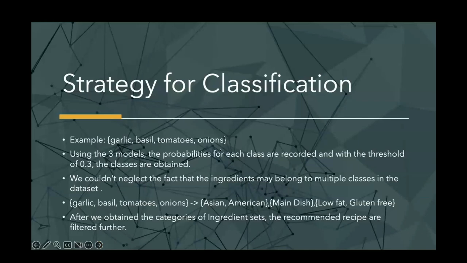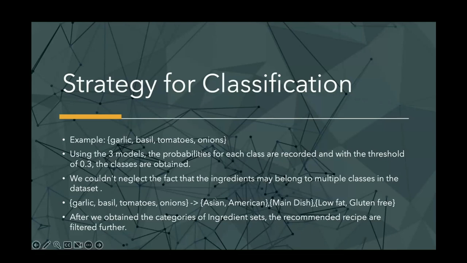So now what we did was, for example, if we take garlic, basil, tomatoes, and onions, this may be classified into Asian, or in the other data set, main dish. So what the model does is take all these, run the model, and get what they belong to.